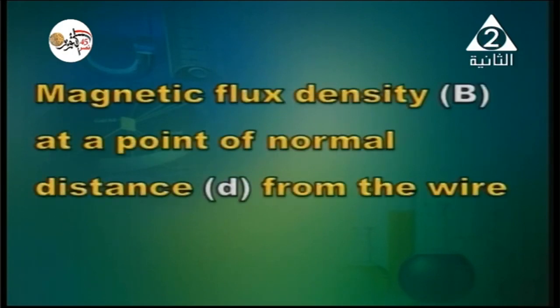Magnetic flux density B at a point of normal distance d from the wire can be determined from the expression. Right now we want a relation that gives the magnetic flux density at a normal point from a current carrying straight wire.